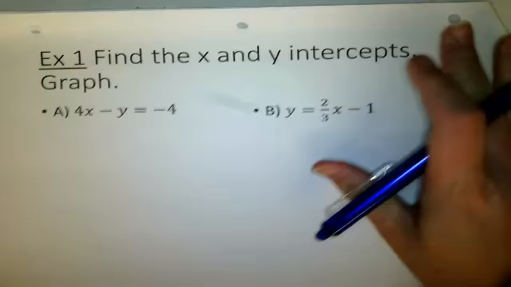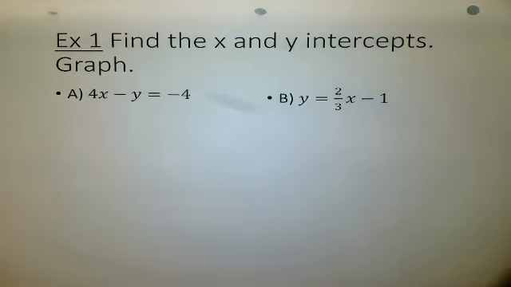So, here we go. Example 1. The directions, I want you to graph whatever method you like to graph. But the instructions do say to find the x and y intercepts, and those are valid directions that I need you to know how to do, how to find x and y intercepts.